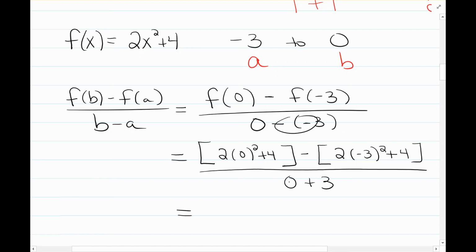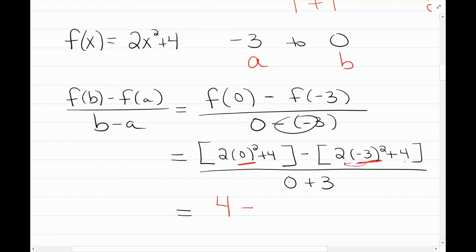So now let's clean up. 0 squared, that's 0. 0 times 2, that's 0. 0 plus 4, that's 4. Then for the second one, I have -3 squared, that's positive 9. 9 times 2 is 18.